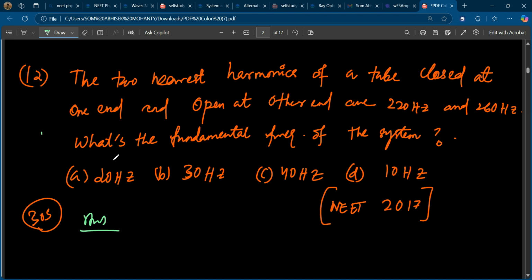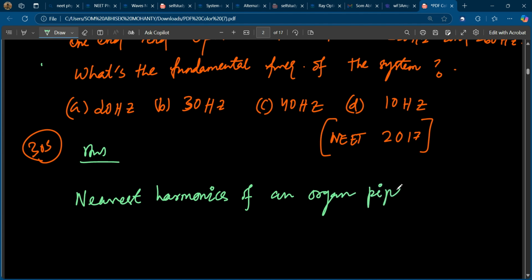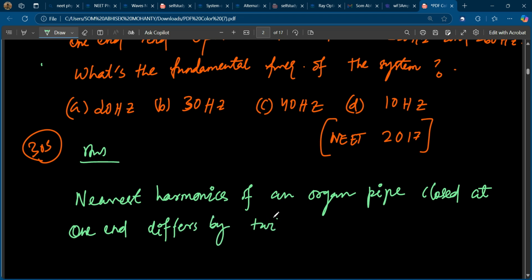Okay. So nearest harmonics of an organ pipe closed at one end differ by twice of its fundamental frequency.